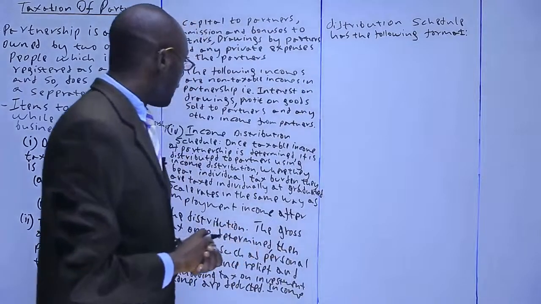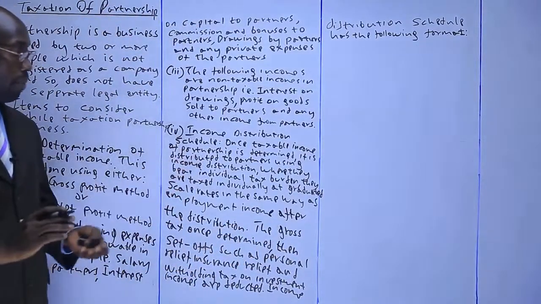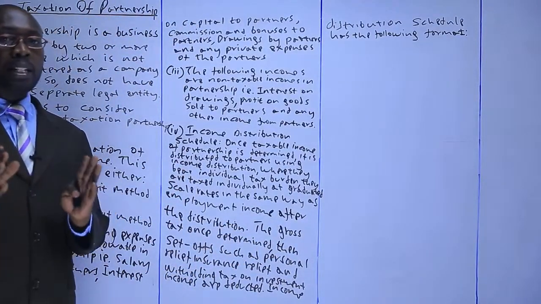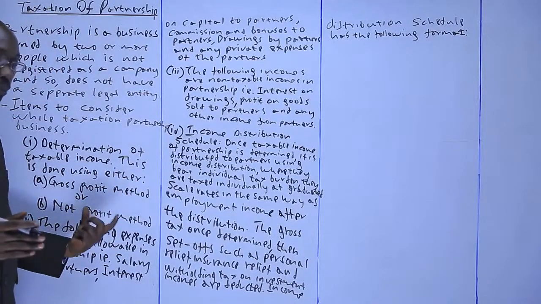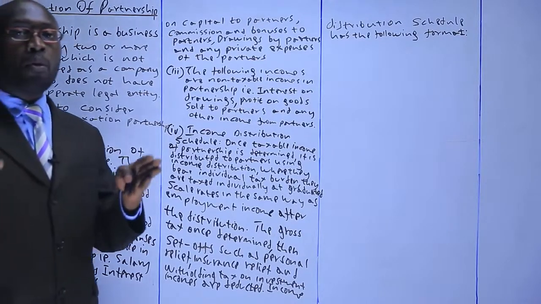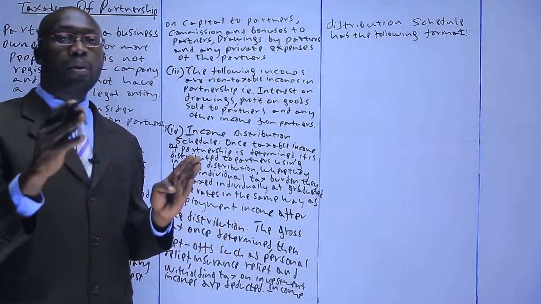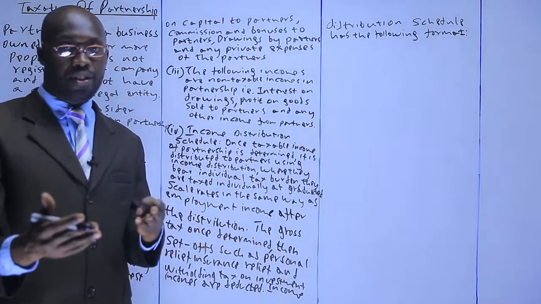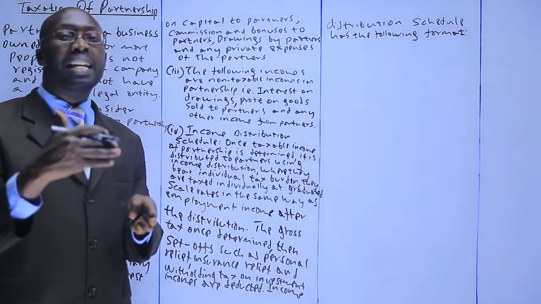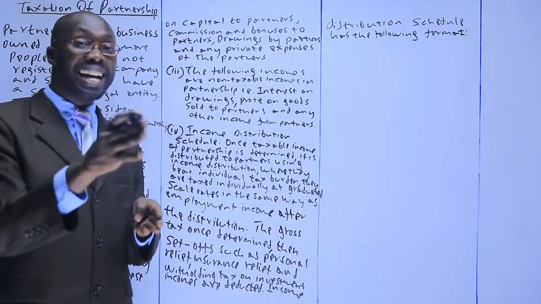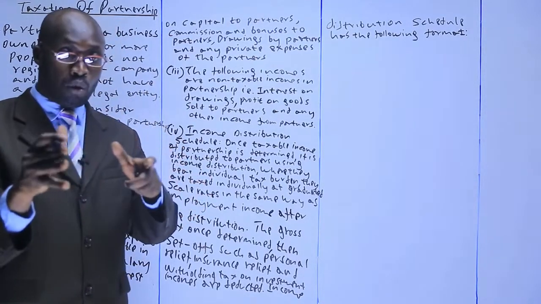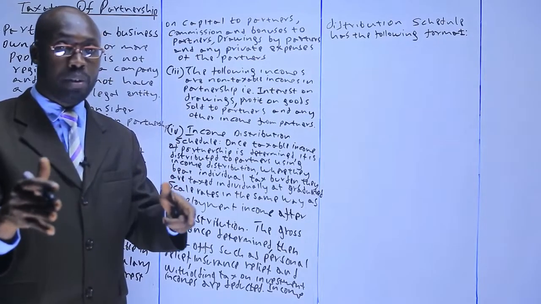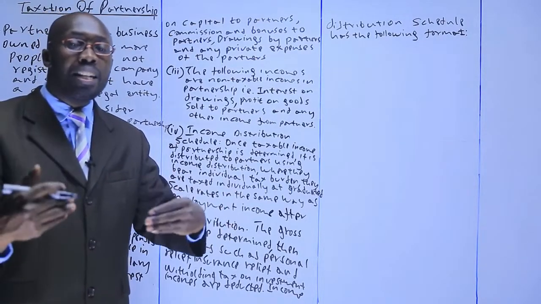So what we are saying is that about the income distribution schedule, once the taxable income of the partnership is determined, either using the gross profit or the net profit, we tax the income on the partners themselves, and we tax them at graduated scale rates. Graduated scale rates is the same as the employment income, the way we taxed the sole proprietorship, where once you distribute to the partners, because the partners are the one who bear the tax burden, you tax them individually.